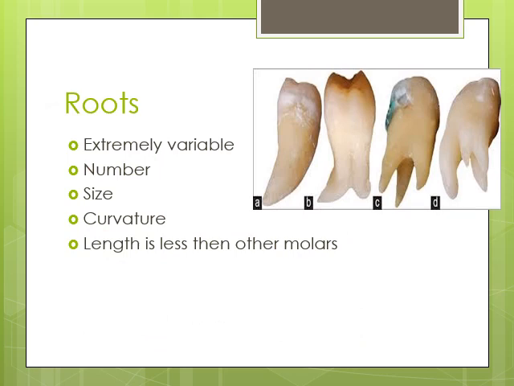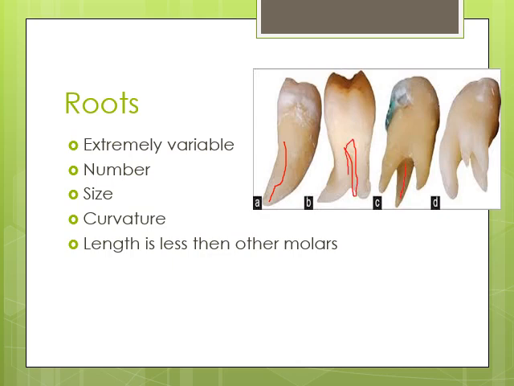So the roots are highly variable in the mandibular third molar. As you can see, abnormal curvature could be present in the mandibular third molars, like more distal curvature, or the roots could be fused together.